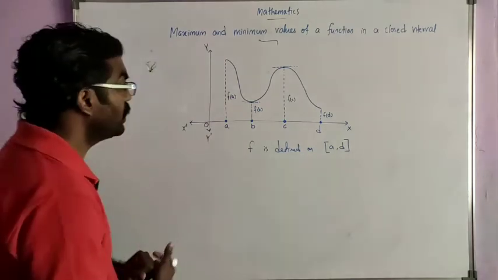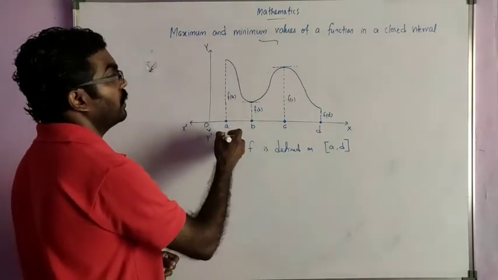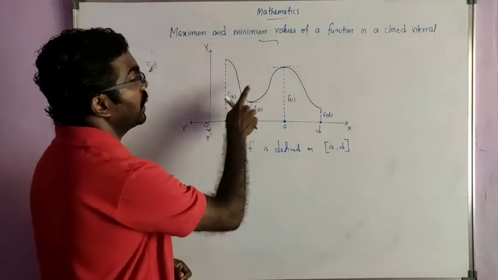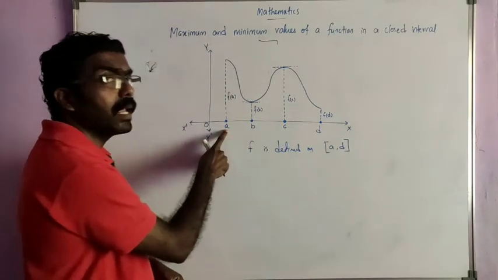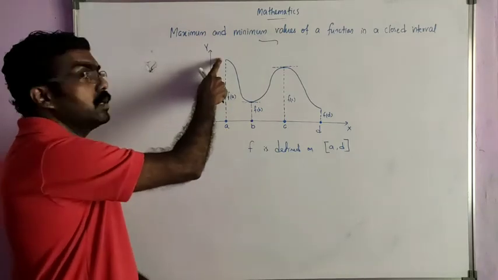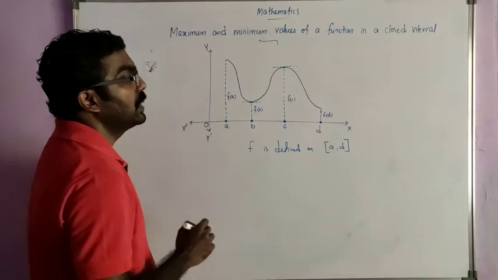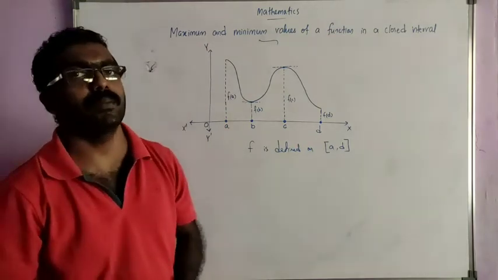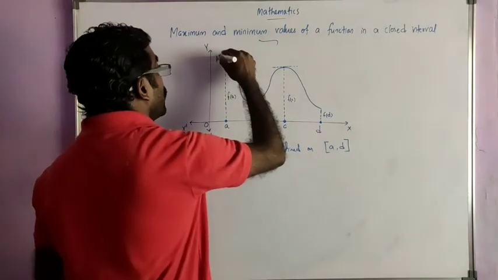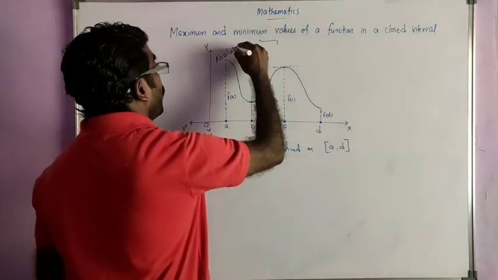It is evident that at the point a the function attains its highest value. So this is known as the absolute maximum value.